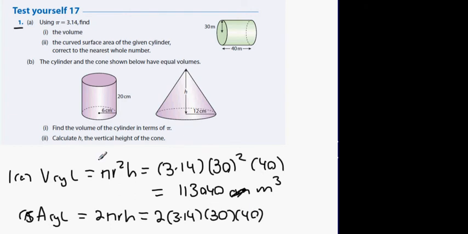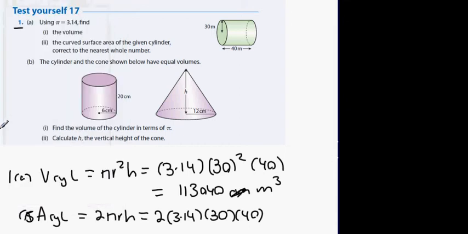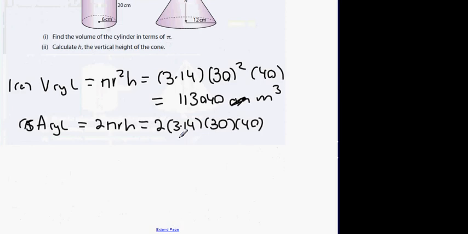So basically the same thing again, except this time there's no squared, and this time there's a 2 in front of the 3.14. And then what we get for this is 7,536 meters squared. Okay, so that's question 1A answered.